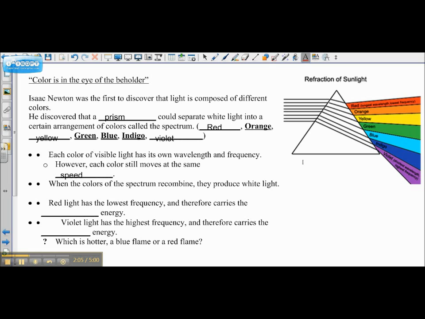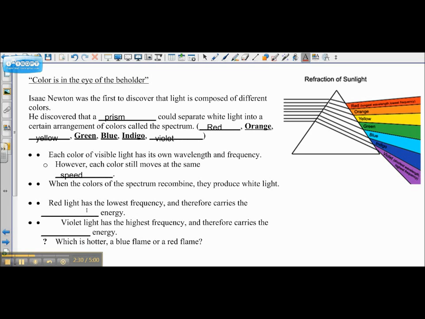This is why sunsets are red, is because only the red light is able to get through all of the air from where we are all the way to the horizon. The blues and greens and indigos and all are unable to get through, and so only red and orange is. Hence, sunsets are red and orange.